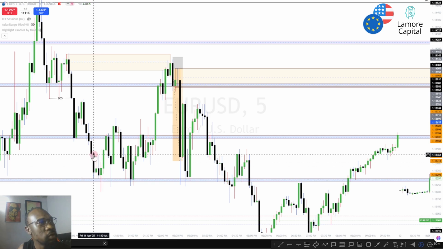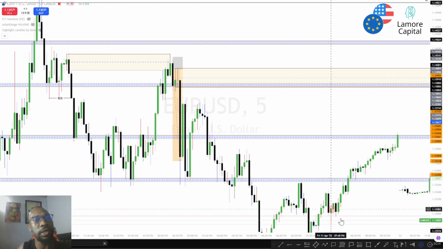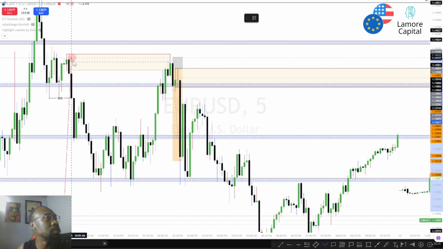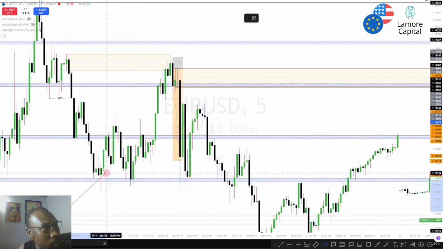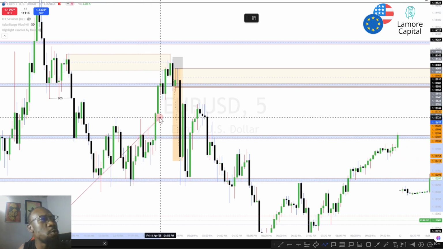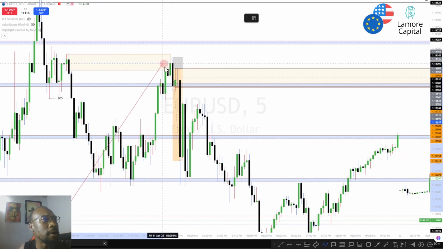Can you see? So now, if we are looking at all of this, we will say this particular order block came here, retraced back a little, broke this particular zone, respected this zone, and it actually went back to respect our order block. Can you see?